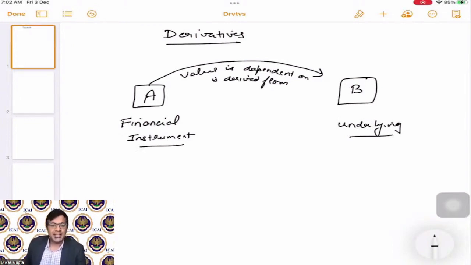So A is a financial instrument whose value is dependent or derived from B, which is the underlying.